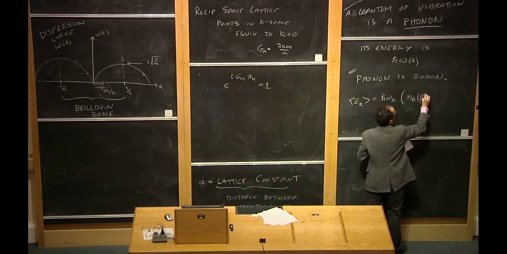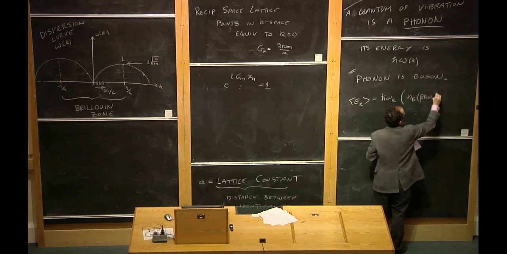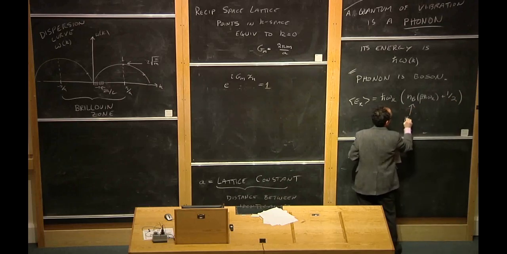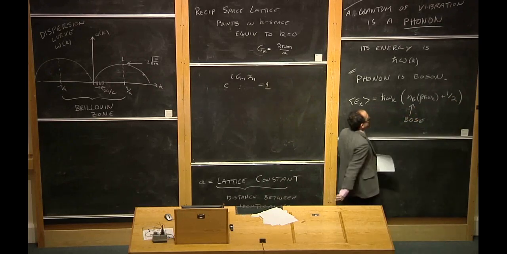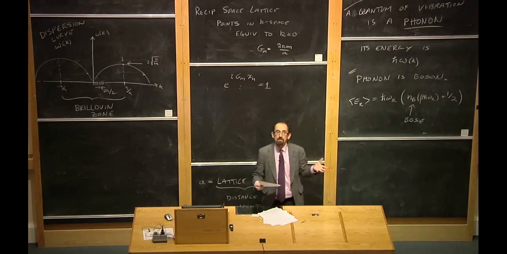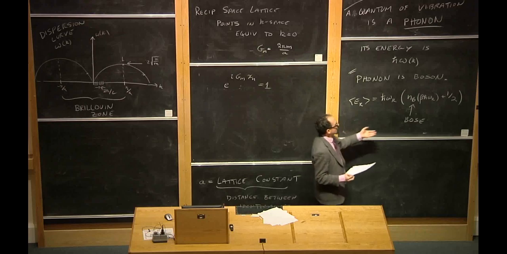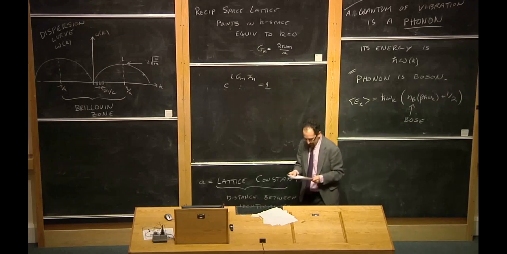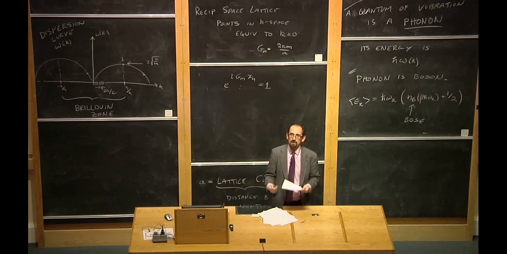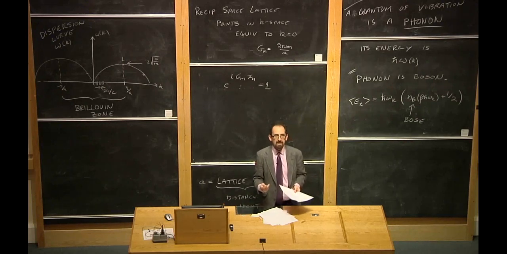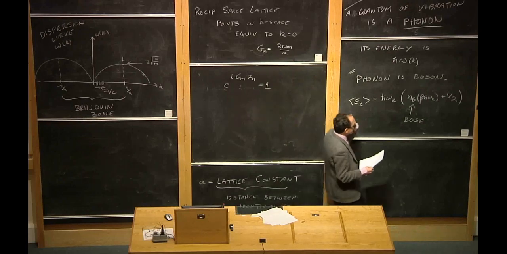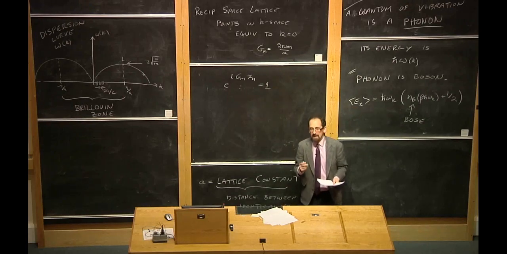There's another indication that we're talking about bosons here. The Bose factor tells you the expected number of phonons in the particular mode at a given temperature. Okay? Is everyone comfortable with this? It should look a lot like what you did with photons earlier. Yes? Okay. Good.